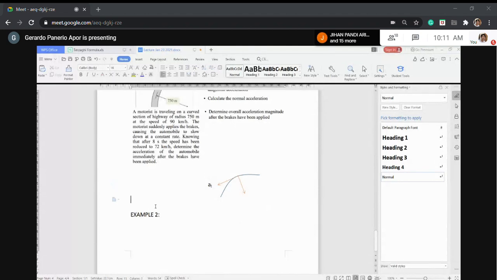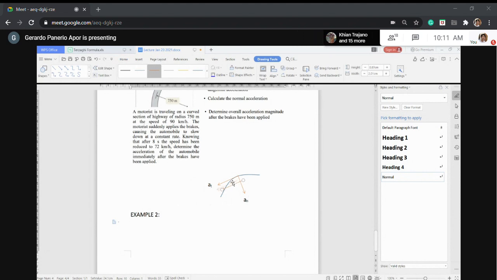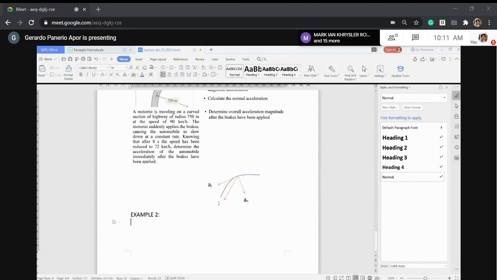But actually, we are just looking at this one. The resultant, actually, we are looking for the resultant, and that resultant is A.